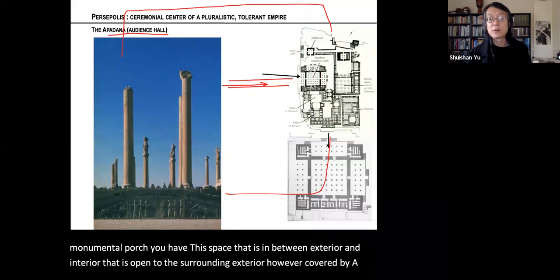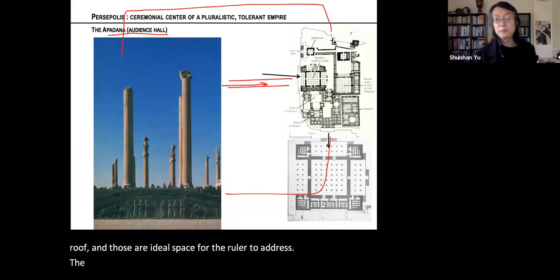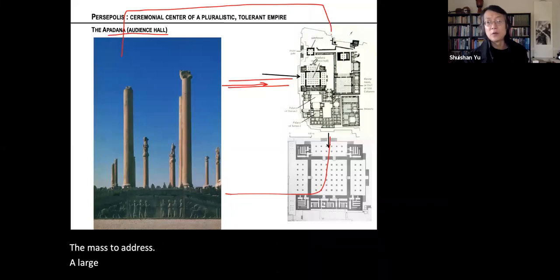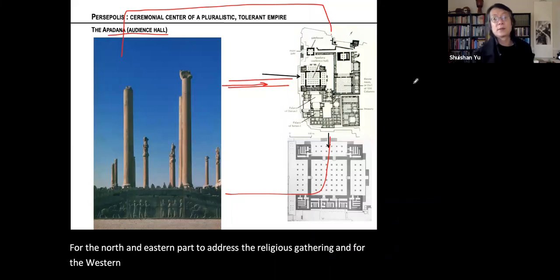And those are ideal spaces for the ruler to address the masses, to address a large gathering. The north and the eastern porches were for addressing religious gatherings, and the western porch for addressing the parade and the city at large.